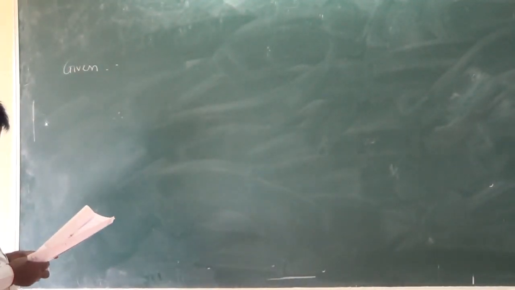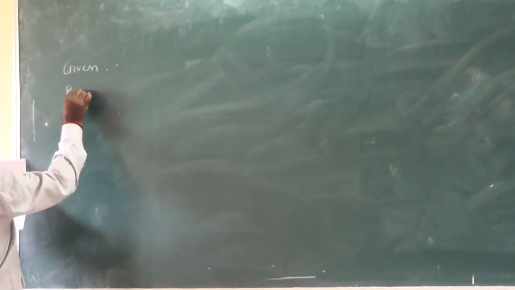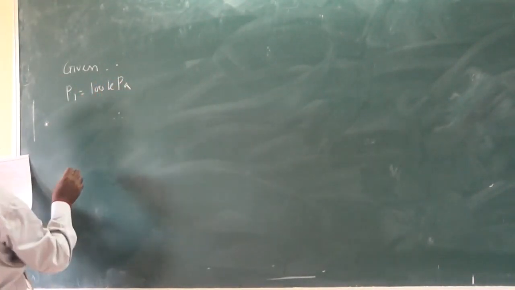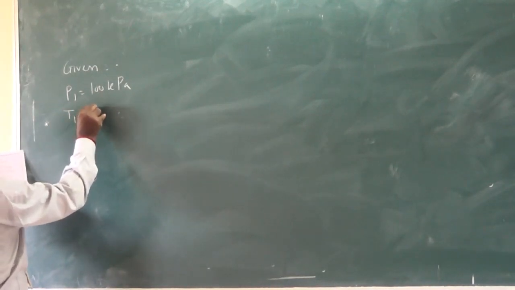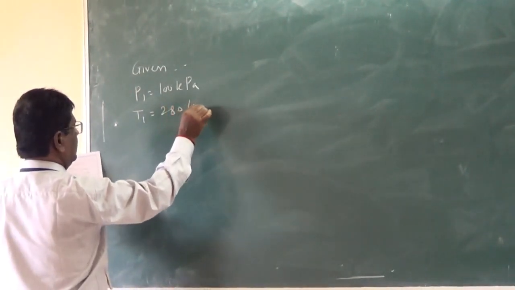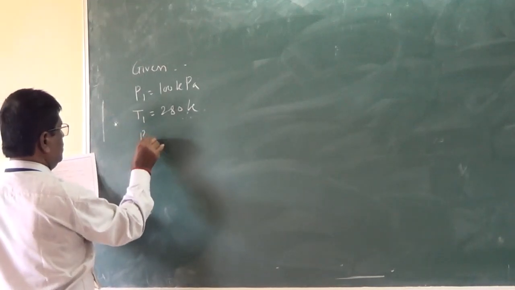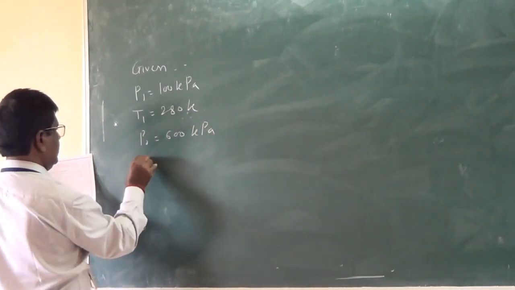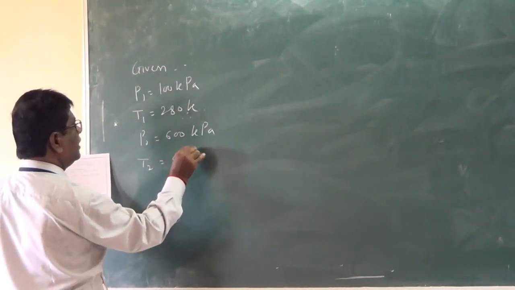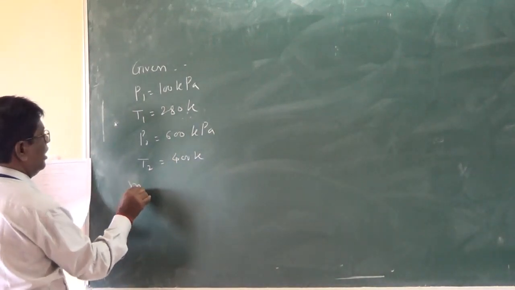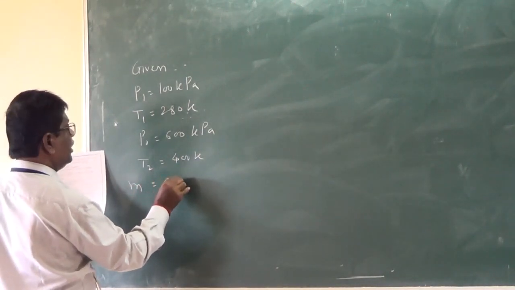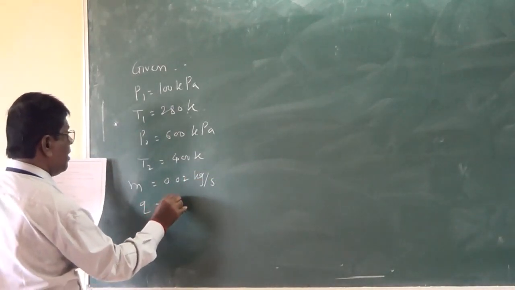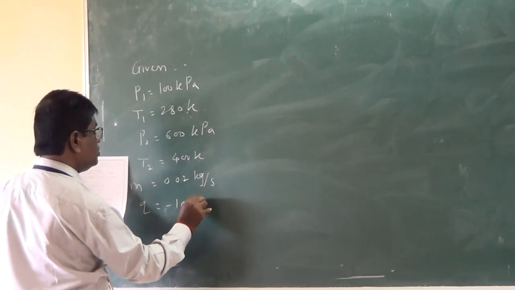First, given: P1 is 100 kilopascal, T1 is 280 Kelvin, P2 is 600 kilopascal, T2 is 400 Kelvin, and m dot is 0.02 kg per second, Q is minus 16 kilojoules per kg.